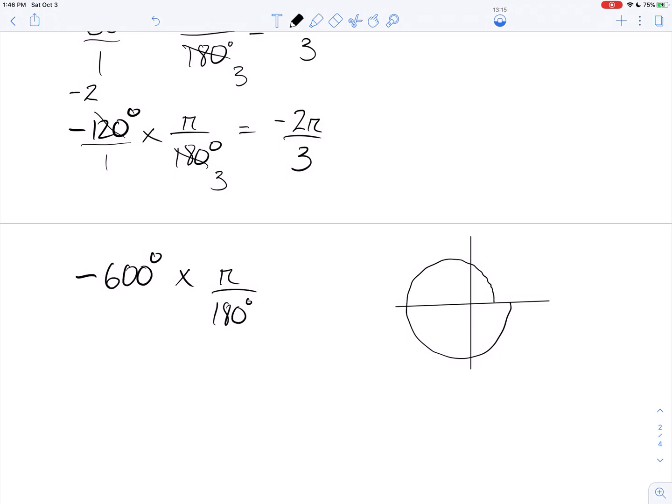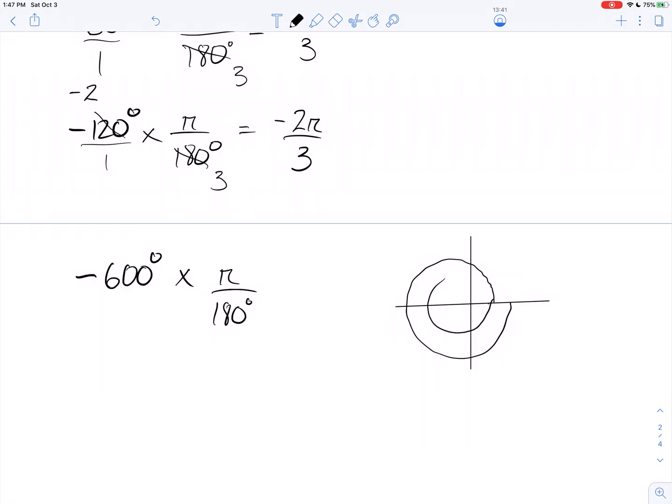I'm going in a negative direction. And then I could say, well, that is not 600 degrees. But if I do 600, take away 360 because I've already traveled that far, I'd just go 240 degrees more, and I'd get there.